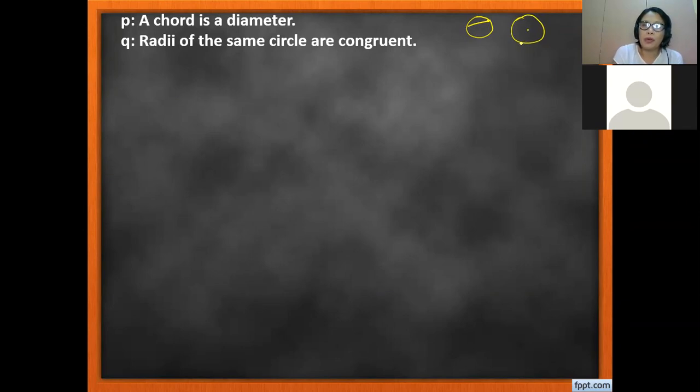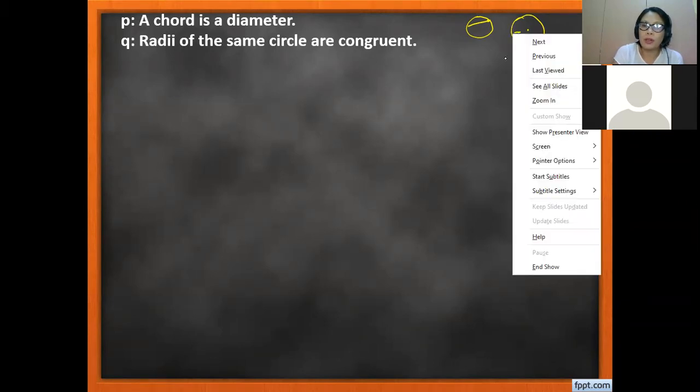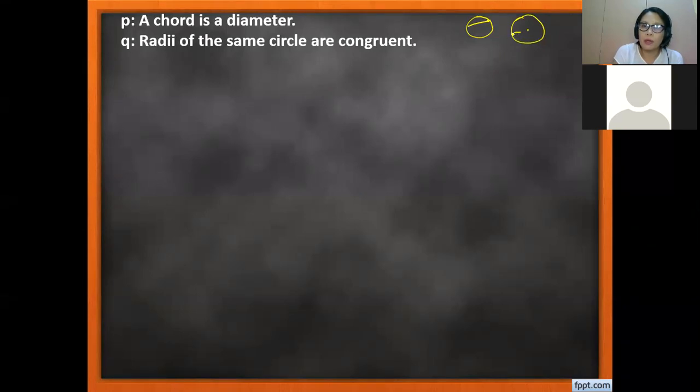A diameter passes through the center of the circle, and the endpoints are on the circle as well. Okay? So this is diameter. And the diameter divides the circle into two equal parts.